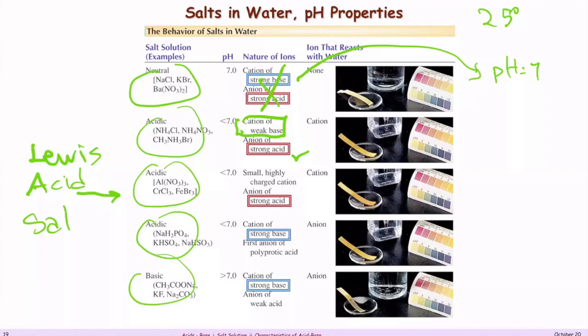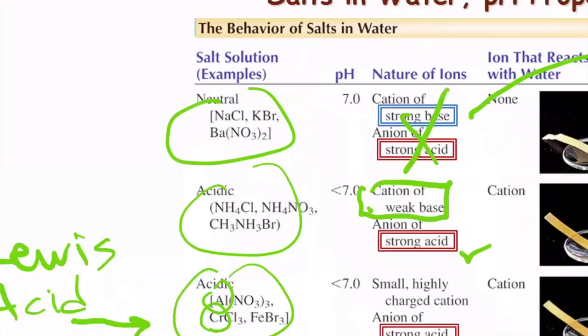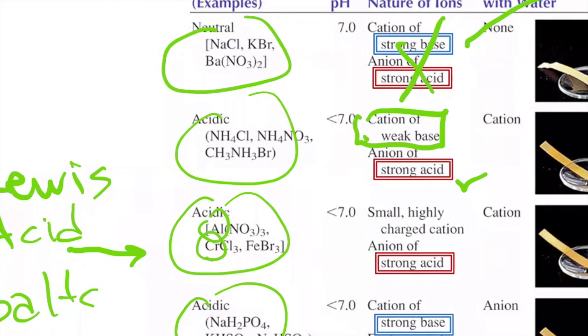And you notice that these have transition metals: aluminum, chromium, and iron. In the next section, we'll talk about Lewis acids and bases. Lewis acids are those chemicals that want to accept electrons. And so transition metals are really good at accepting electrons. That makes them very good acids. And that's why these pH are below 7.